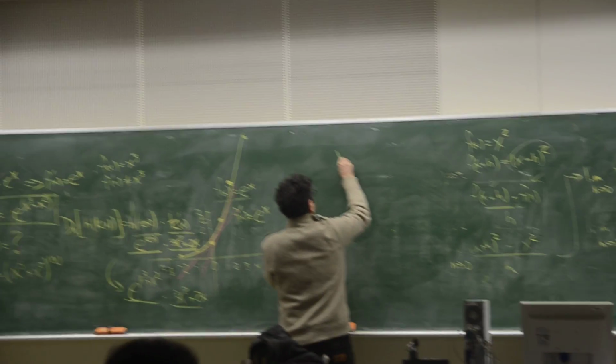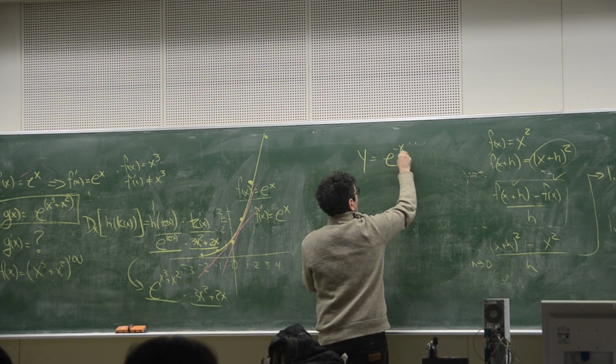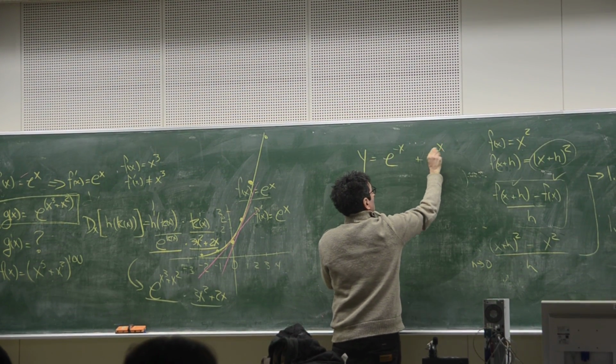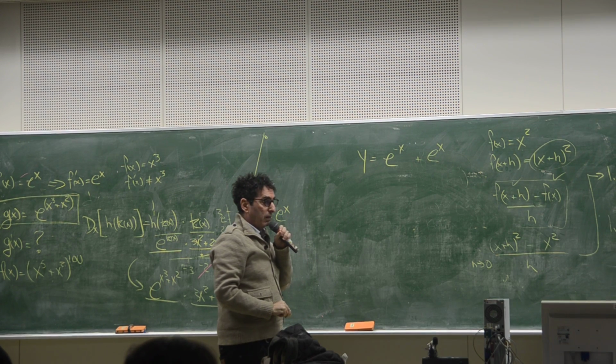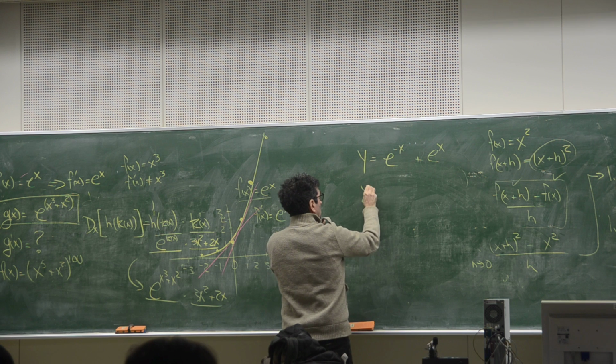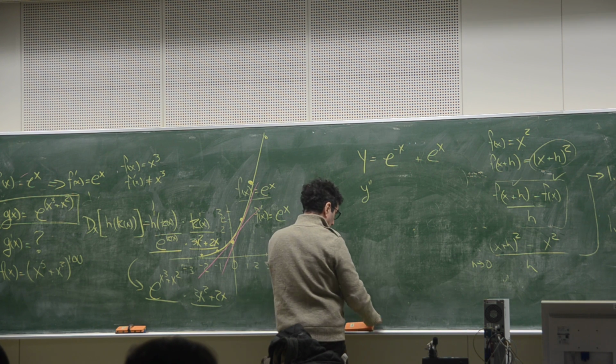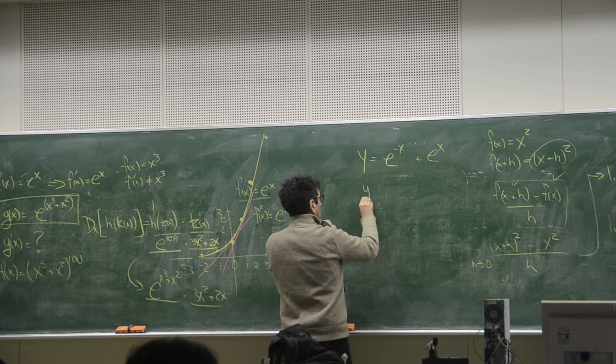What's the function we're talking about? Okay, that's the function. And the question is, what is y double prime? What is the second derivative? Well, let's not start with that. Let's start with, what is y prime?